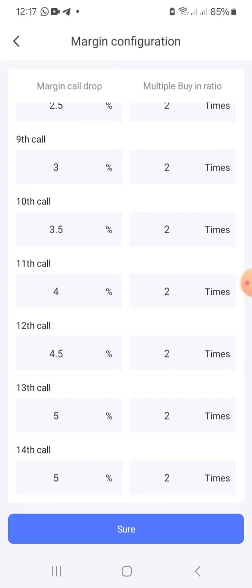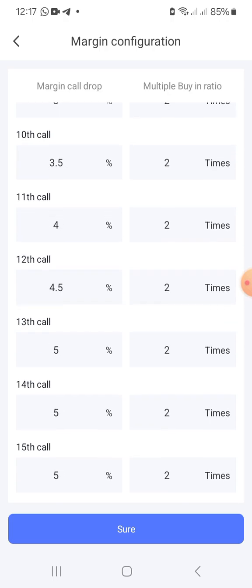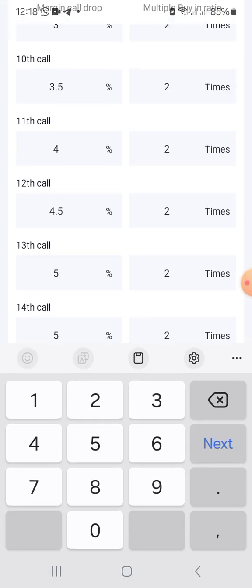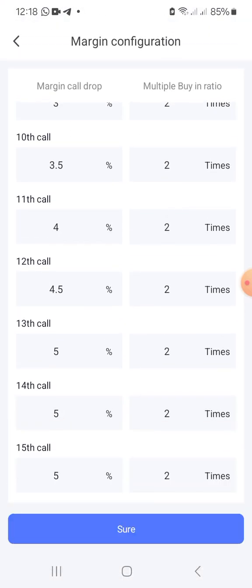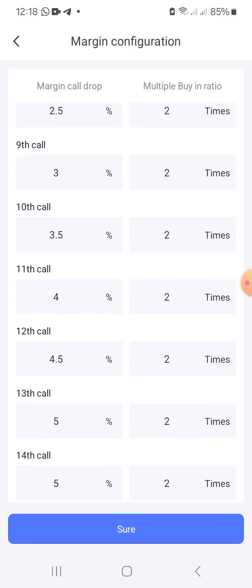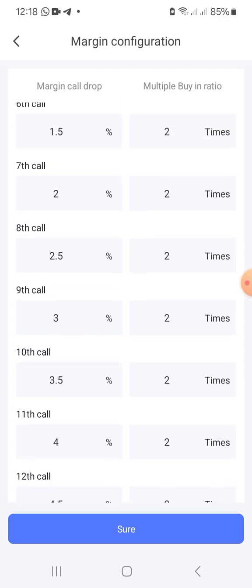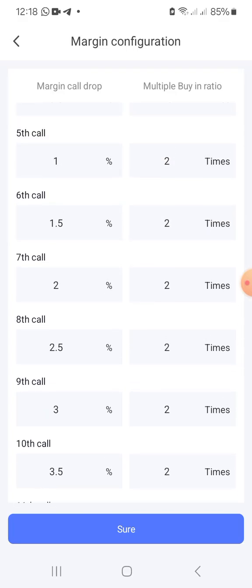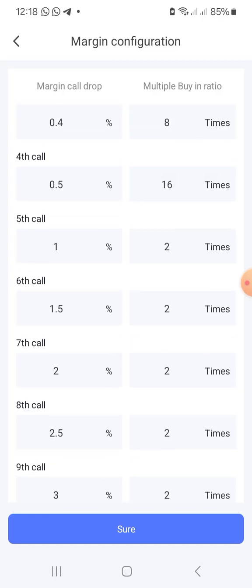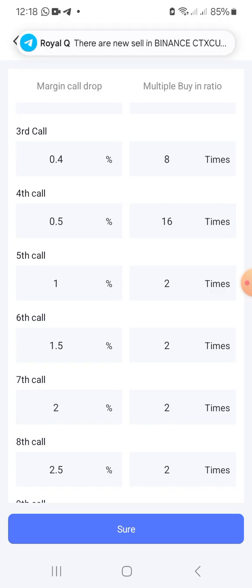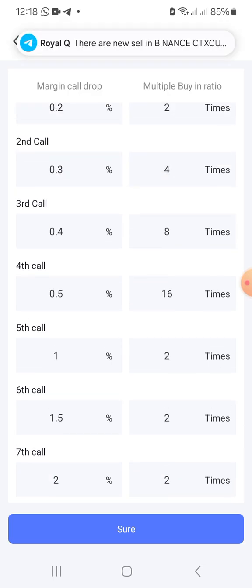So the drop, we have said the drop is here, the margin call drop. If you add 5 plus 5 plus 5, that is 15, plus 4.5, that is 19.5, plus 4, that is 23.5, plus 3.5, that is 27, plus 3, that is 30, plus 2.5, that is 32.5, plus 2, that is 34.5, plus 1.5, that is 36, plus 1, that is 37.